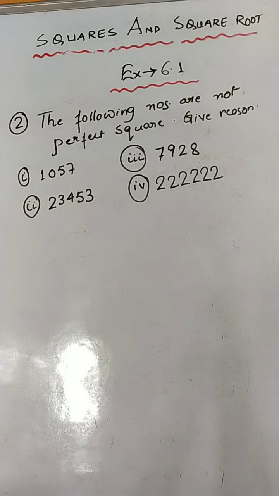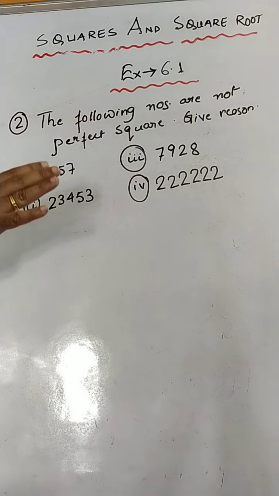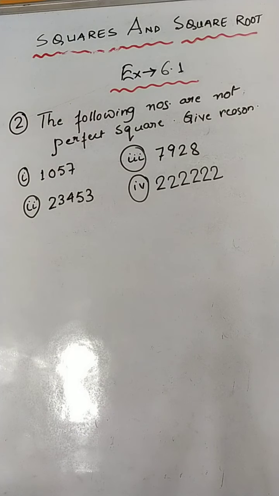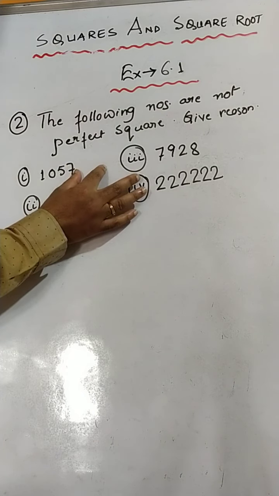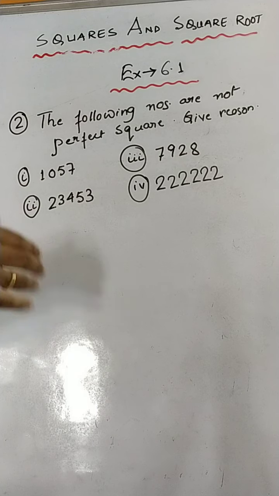The first thing you all have to know is that any natural number that ends with 0, 2, 3, 7 and 8 is not a perfect square. In case of 0, you have to see how many zeros are there at the end. If the number of zeros is even, then it could be a perfect square.